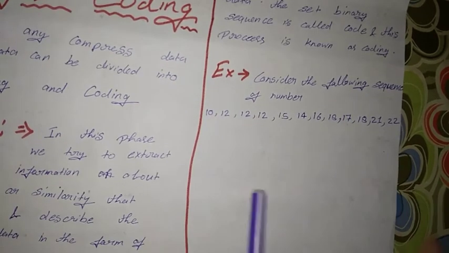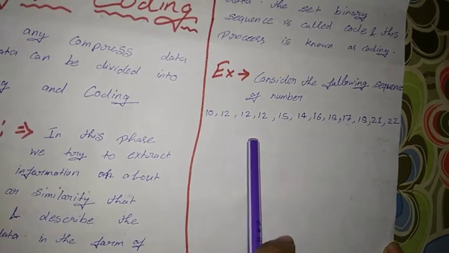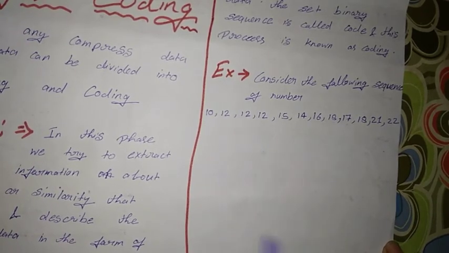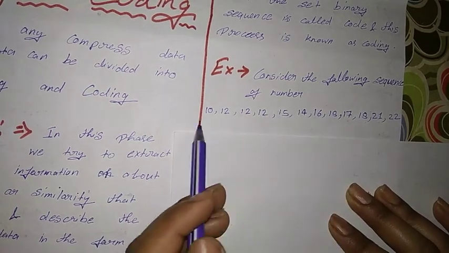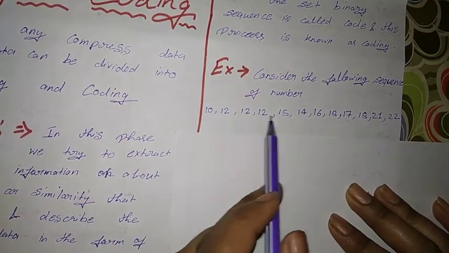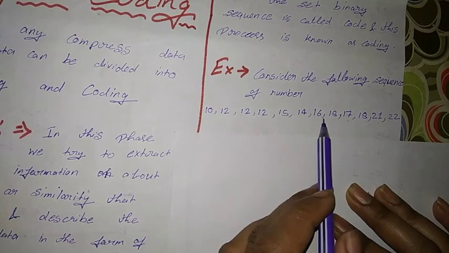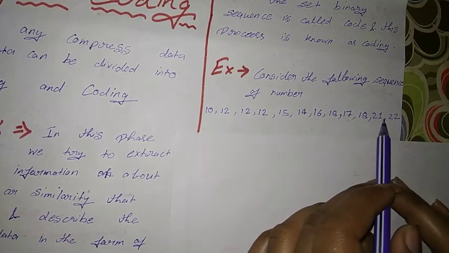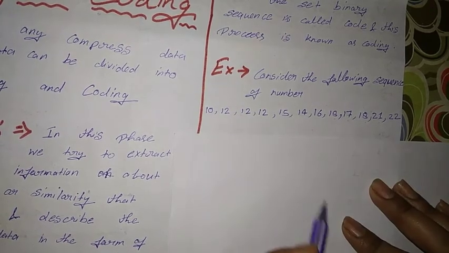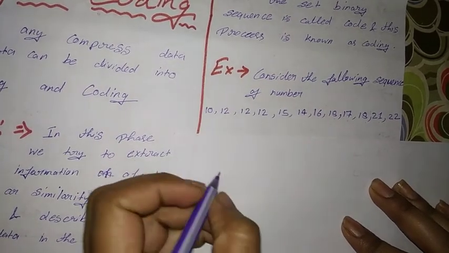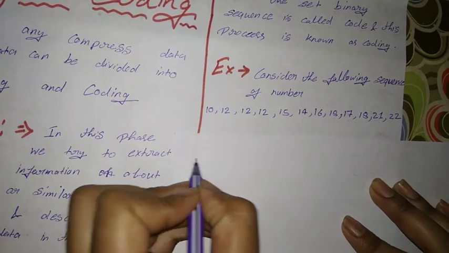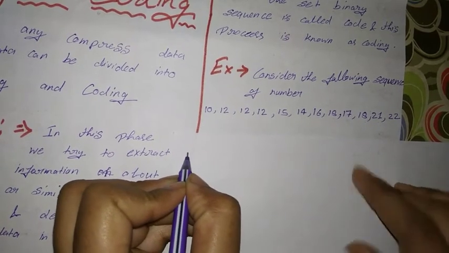So now we solve a numerical so that you can easily understand all these concepts. Consider the following sequence of numbers: 10, 12, 12, 15, 14, 16, 18, 17, 18, 21, 22. To represent these numbers in fixed binary representation, how many bits are required?